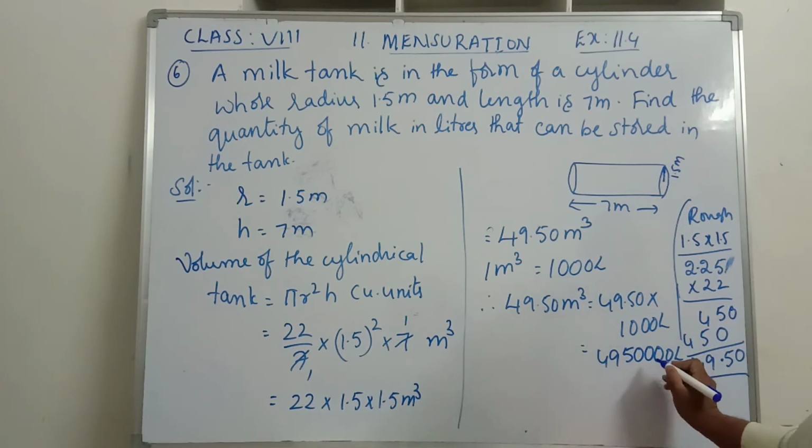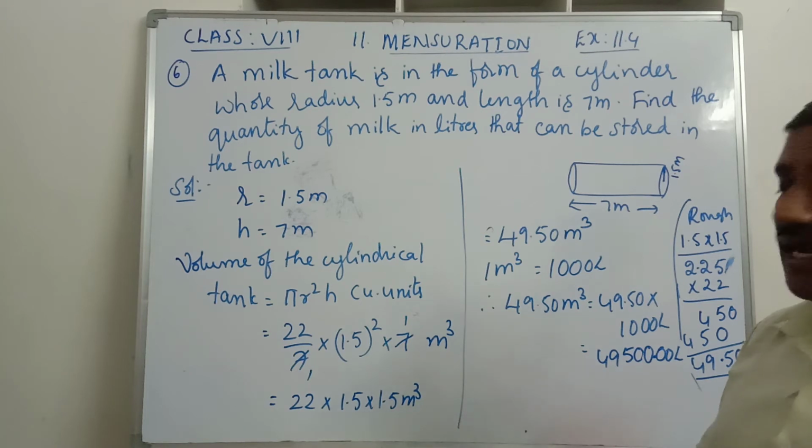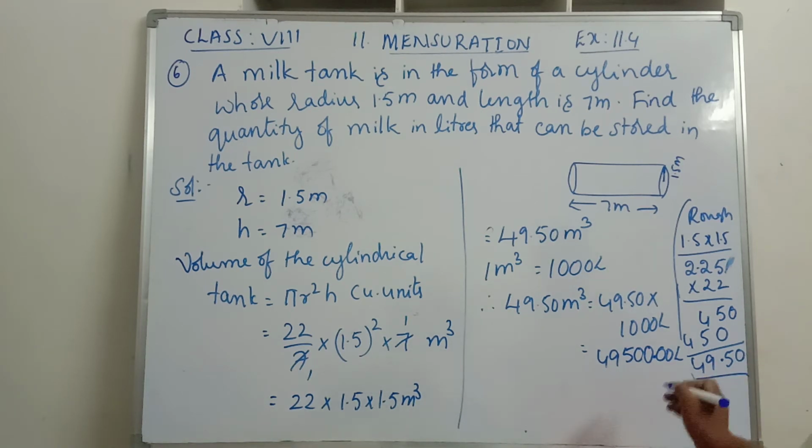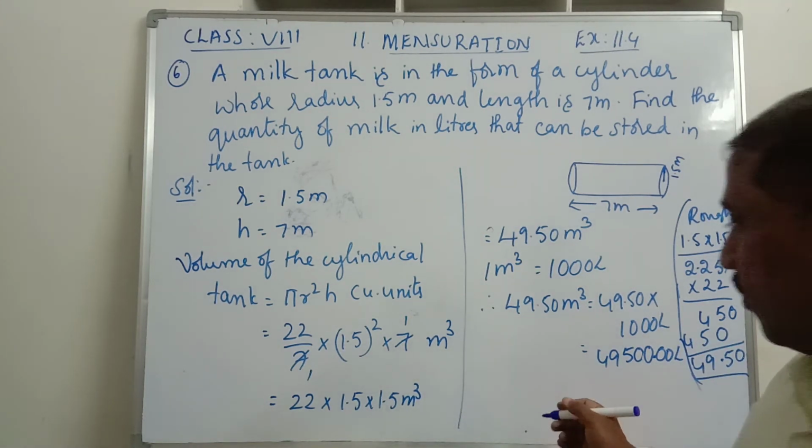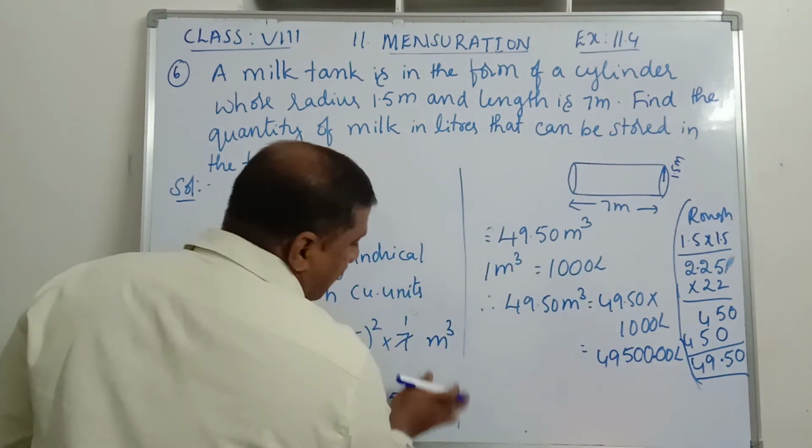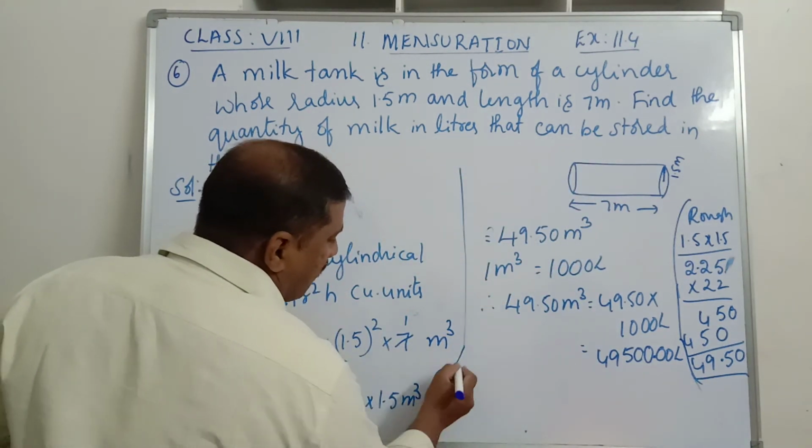Therefore, we get the decimal point here. So the volume of that cylindrical tank is 49,500 liters.